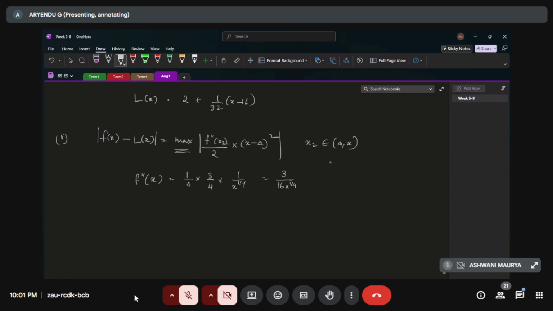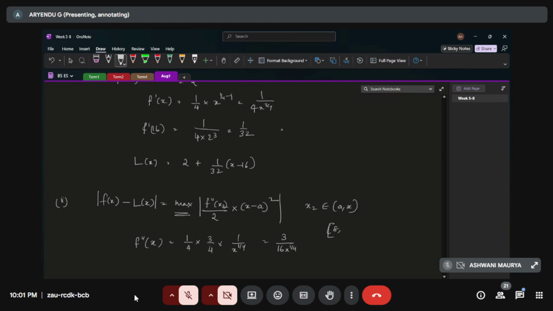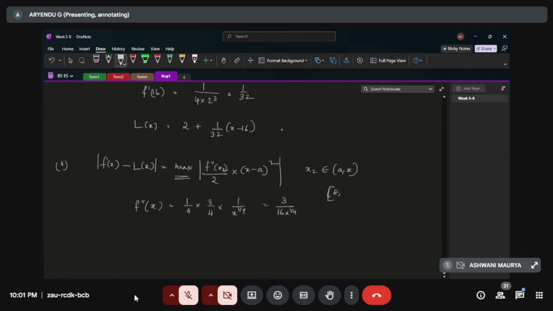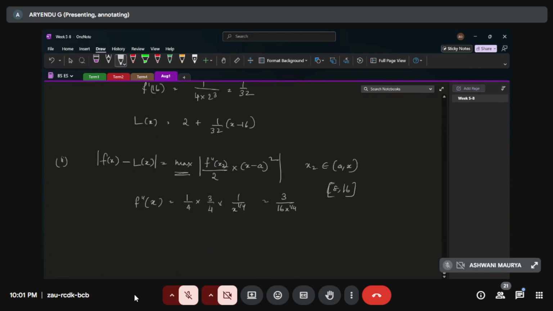And we are given the value as 8. So we are told to find the bound, which means the boundary is between 8 and the value of x, which is given earlier to us as 16. So it is between 8 and 16 for whichever value. This x2 is variable, as I said. So this x2 belongs to 8 and 16. So we have to figure out x2, which gives us the maximum value for this particular part of the equation.